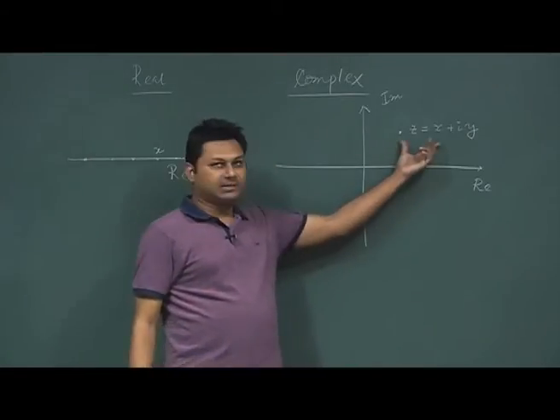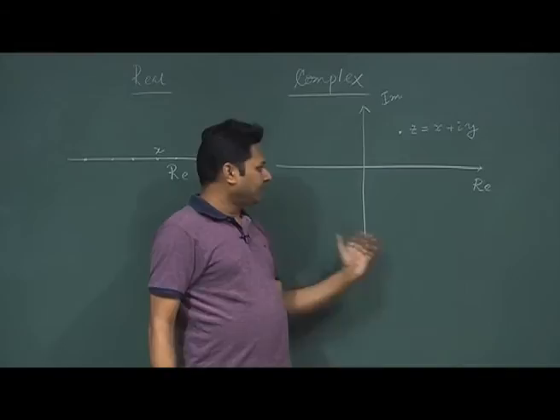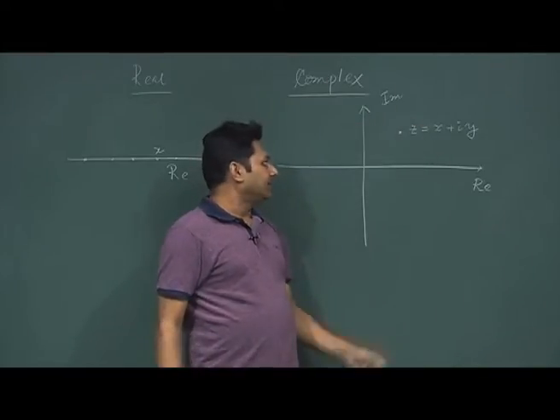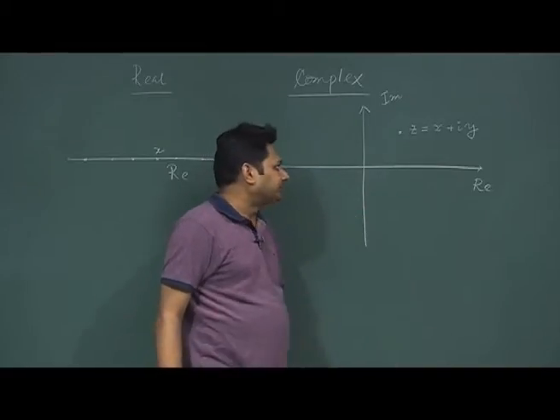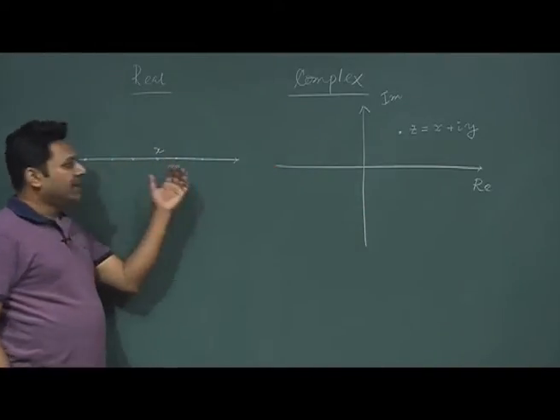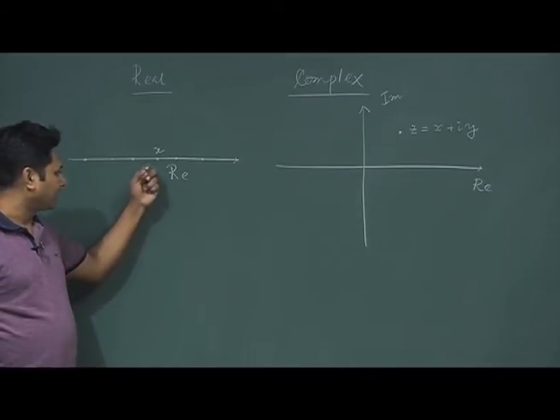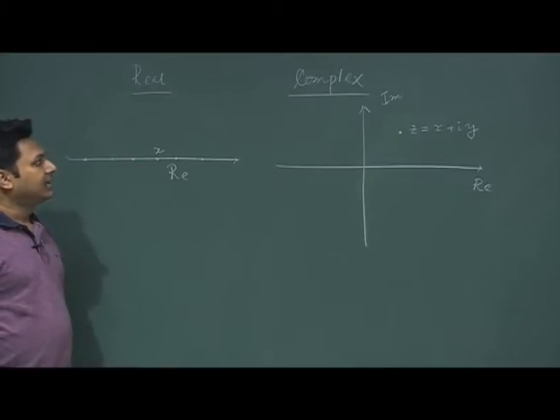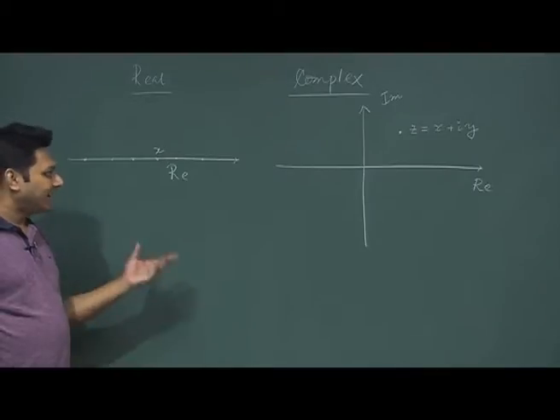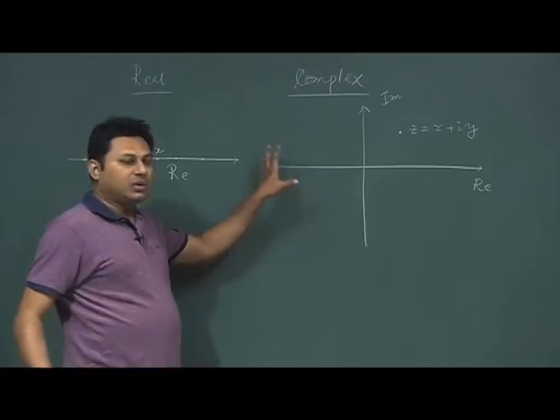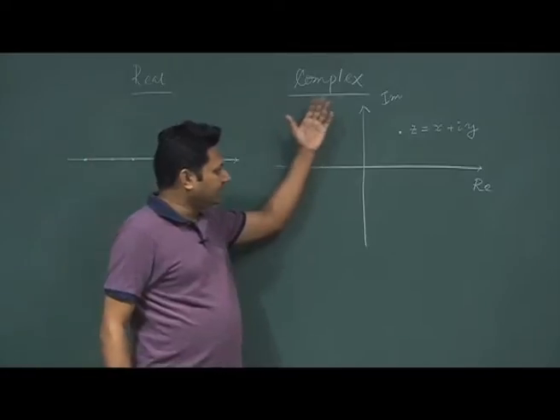So the entire plane, all the points in this plane, are represented by complex numbers. Since the real case is over a line, it is one dimensional, so things are easier to understand there, but for the complex case things are not that easy, and we should understand what is going on here.